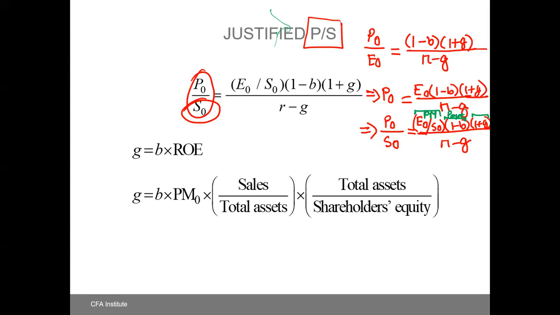From the numerator, you see that this is the profit margin, this is the payout ratio, this is the growth rate. So for a higher profit margin, the justified price to sales is a bigger number. For a higher payout ratio, the price to sales is likely to be a bigger number. For a higher growth rate, the price to sales is going to be a bigger number. Is it clear now?